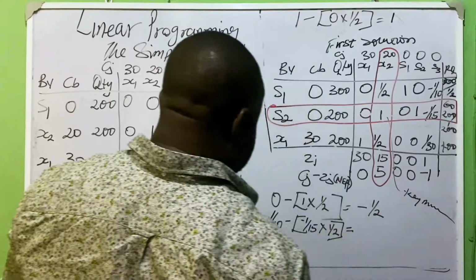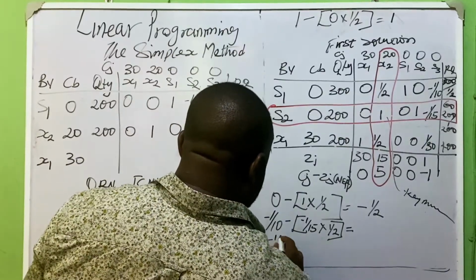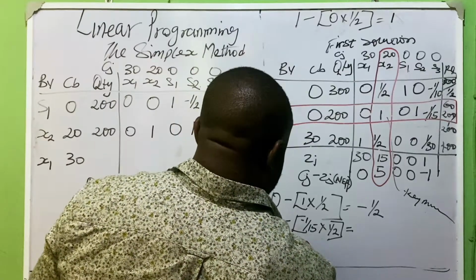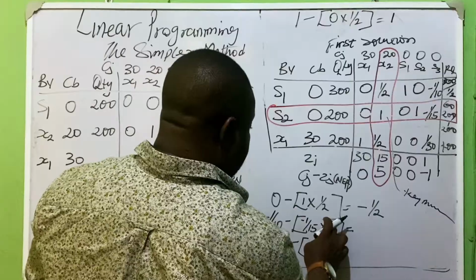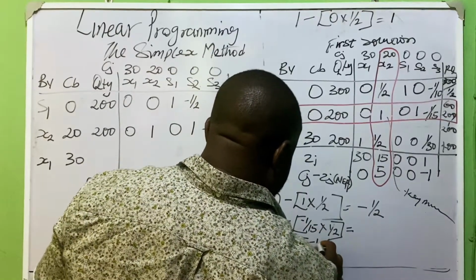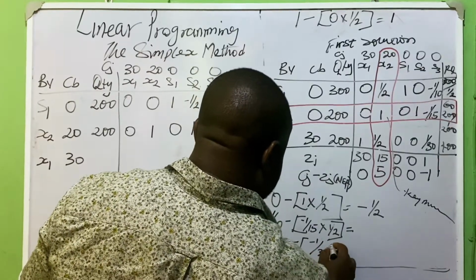So we can quickly expand this. This will be minus 1 over 10 minus 1 multiplied by 1 gives me minus 1 over 15 times 2 will give me 30.